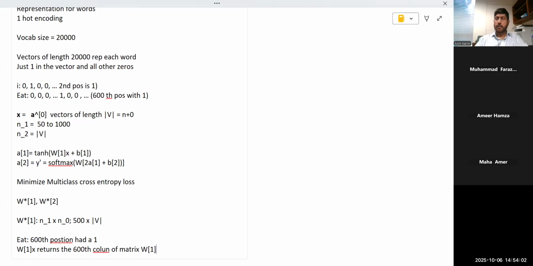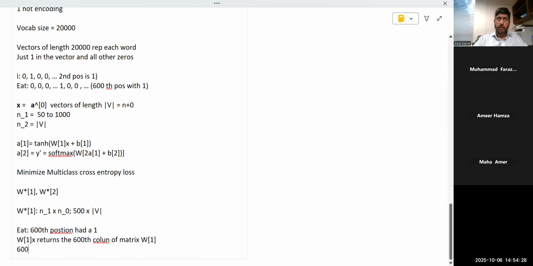Okay, this matrix-vector multiplication will return the 600th column of this matrix W, because the 600th position had 1 and the rest were all zeros. So this 600th column is actually now a representation for this word eat. So this is the information that goes forward in the neural network.